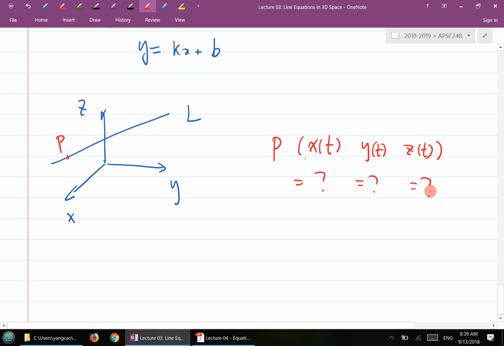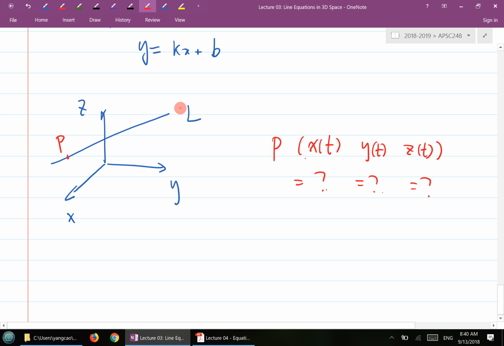If I can find an appropriate expression for each, and put them together, then as I change t, x, y, z will all change at the same time, and they happen to change along this line L. Essentially, the three expressions together will describe what? The line equation. So that's a different way of thinking about it.